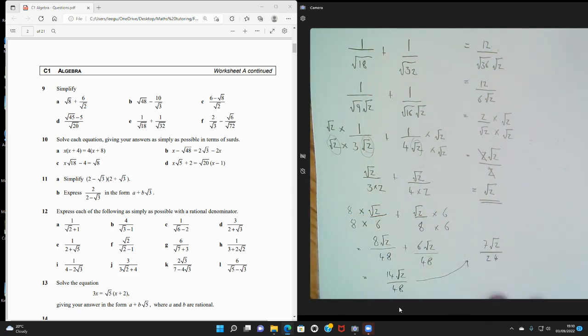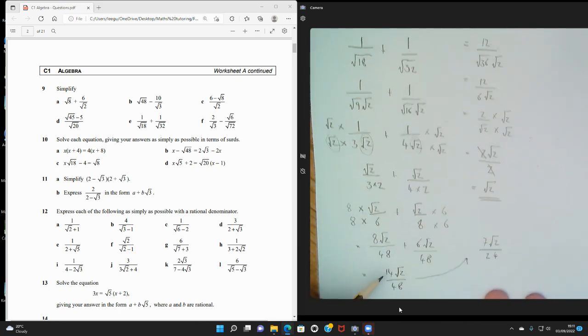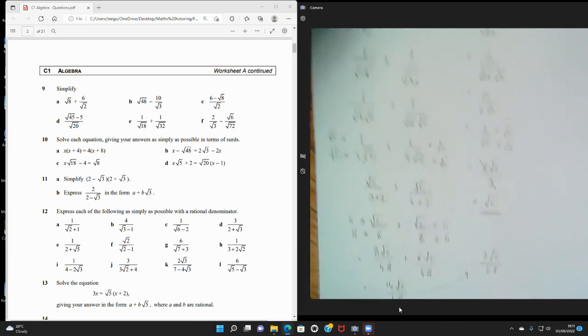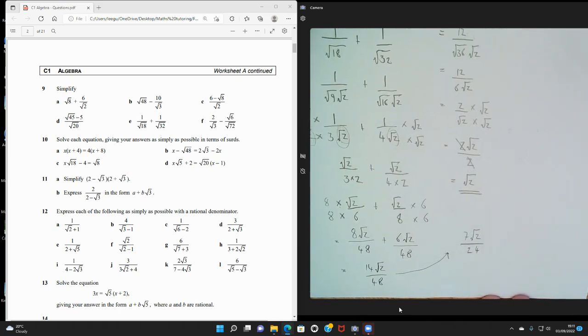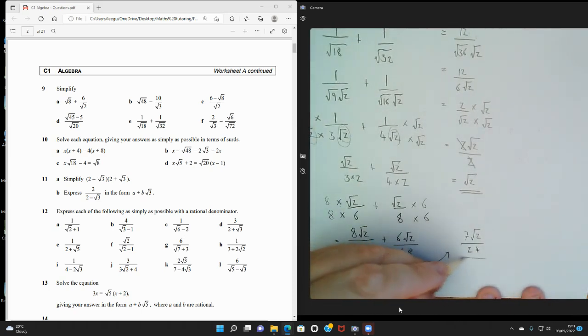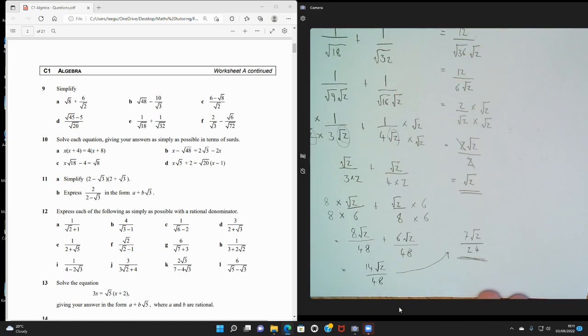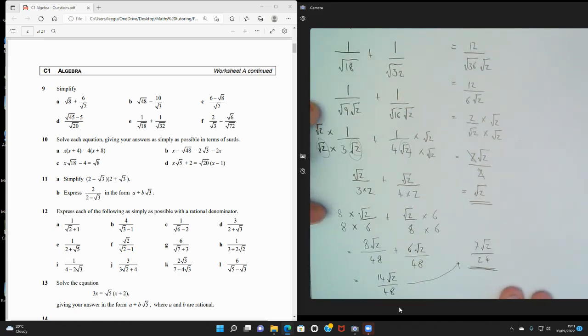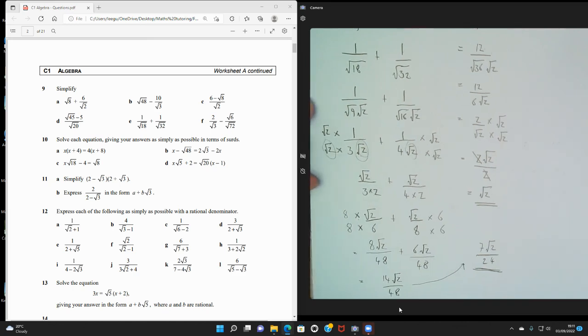Okay, so 7 root 2 over 24 is the answer, because there's a common factor of 2 here, and I've been able to cancel the numerator and the denominator down by 2. Okay, so that's an example of simplifying surds and an introduction to rationalizing the denominator. In the next video, I'm going to move on to look at more complex rationalizing the denominator. Okay, so I'll see you in the next video.